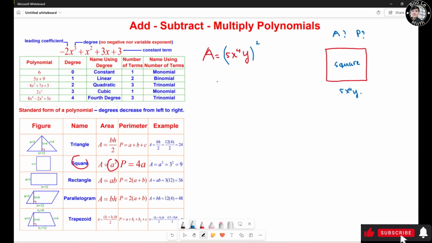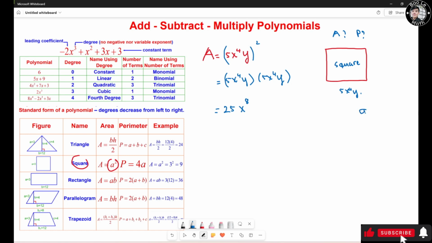So does that mean this guy equals 5x to the 4 times y times 5x to the 4 times y, right? Side times side. Now 5 times 5 is going to be 25, right? S to the 4 times s to the 4 is going to be s to the 8.